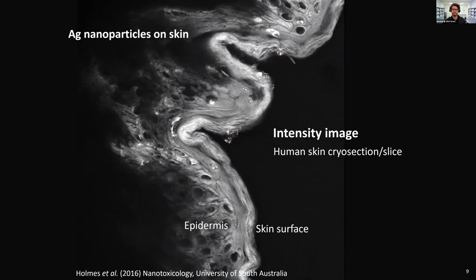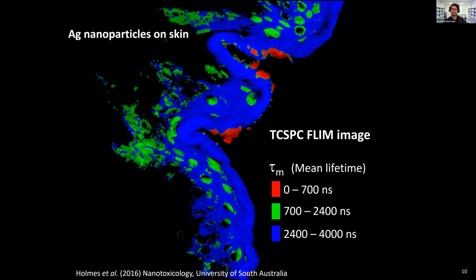If you enlarge this one last time, here's again the intensity image, and here's a nice FLIM image in distinct color code, and you see that the nanoparticles remain on top. They go deep into the furrow, but there's no evidence that they can reach the viable epidermis.